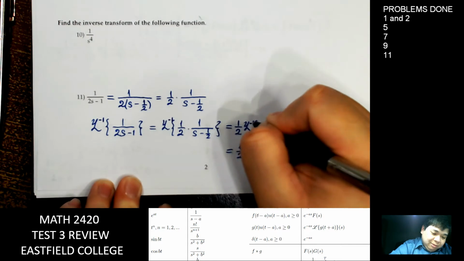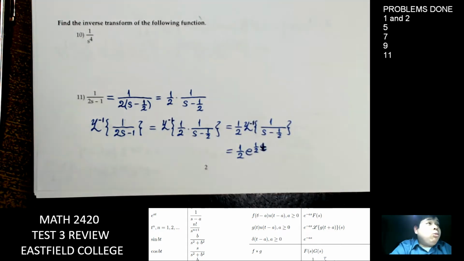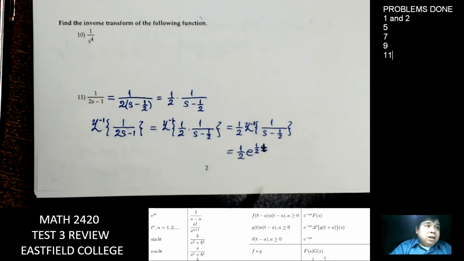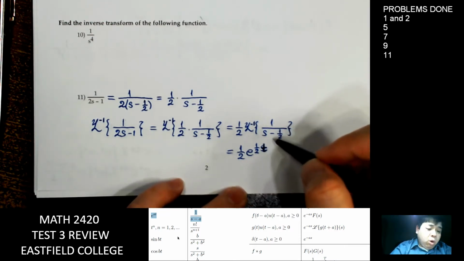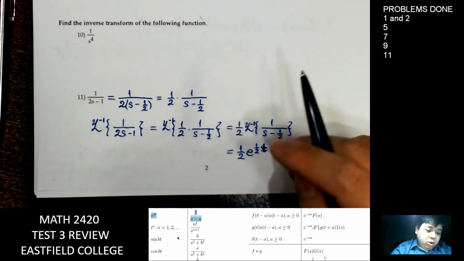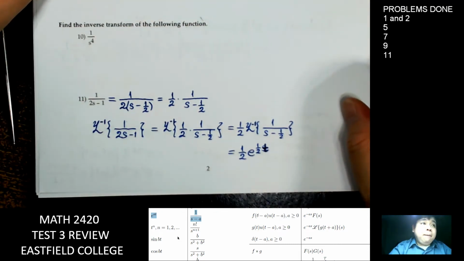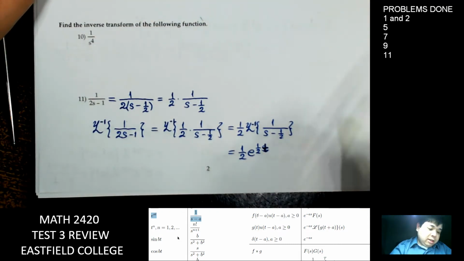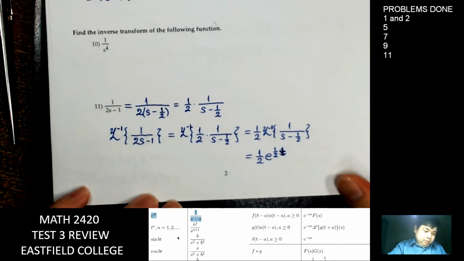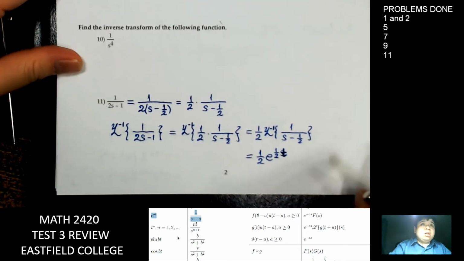So inverse transform will go from s to t, and that is, of course, pretty much the highlighted formula. So as long as we have the right form, we will find the inverse transform just like that, right? So that was 11.